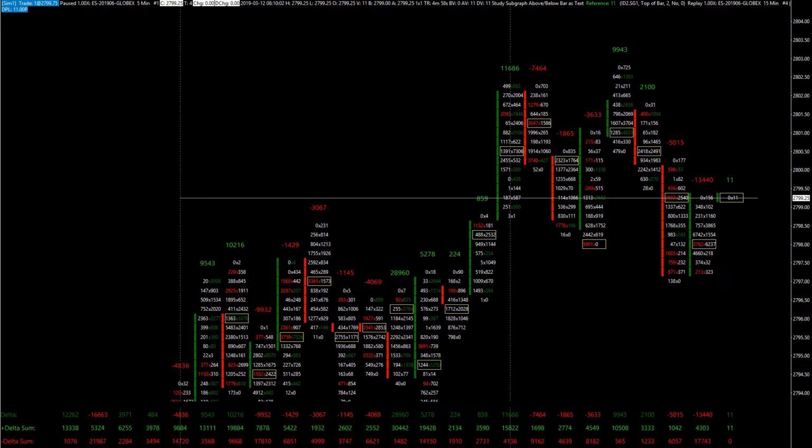Now the sellers are coming in and realizing that price is going lower. So we got 13,440 negative delta here. Look at the delta: 6,700, 3,700, 4,600, all hitting the bid.